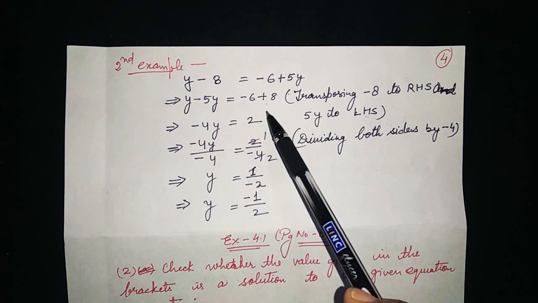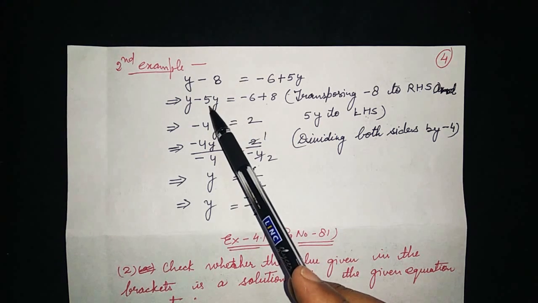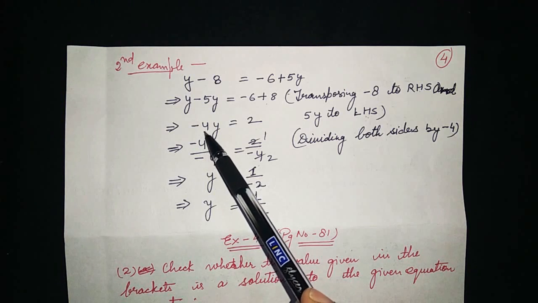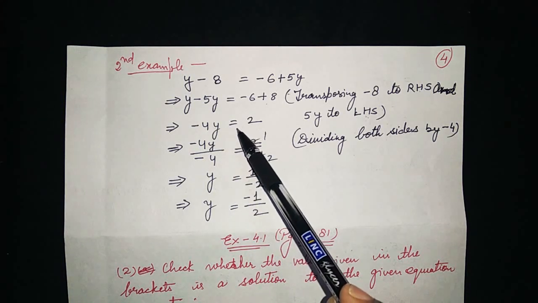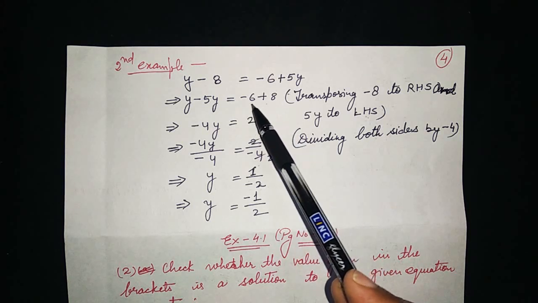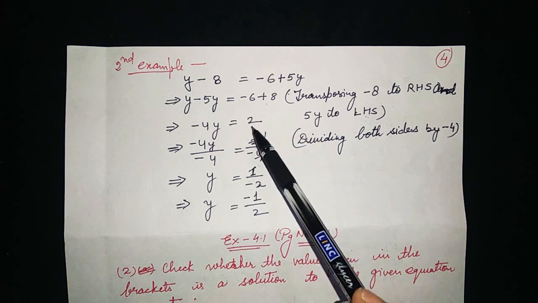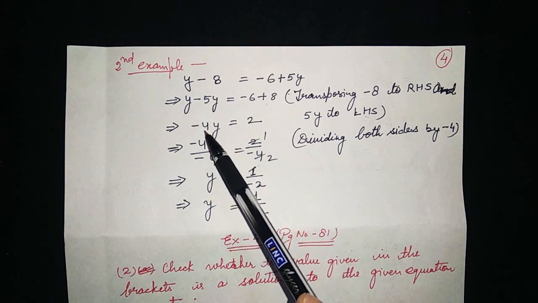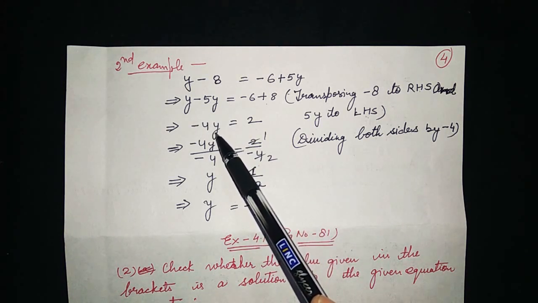Now we will solve it. If we subtract 5y from y, we get minus 4y. And when we add these two integers, minus 6 and 8, we get 2. Now here we can see this minus 4 is in multiplication with the y.